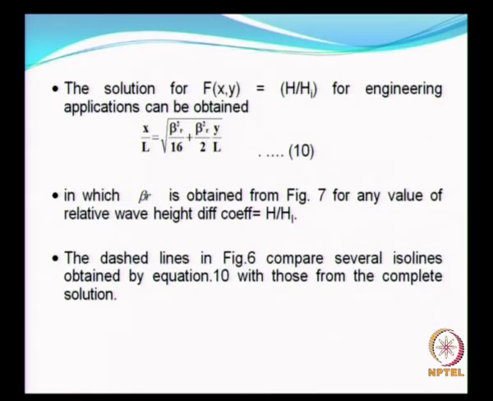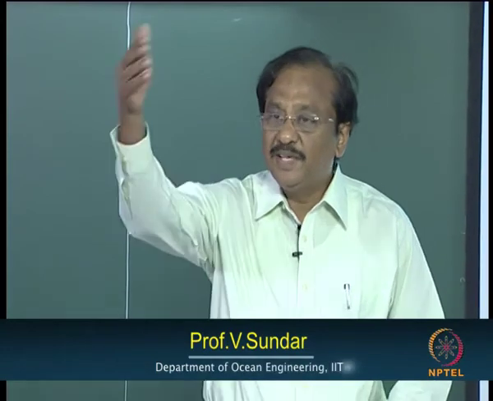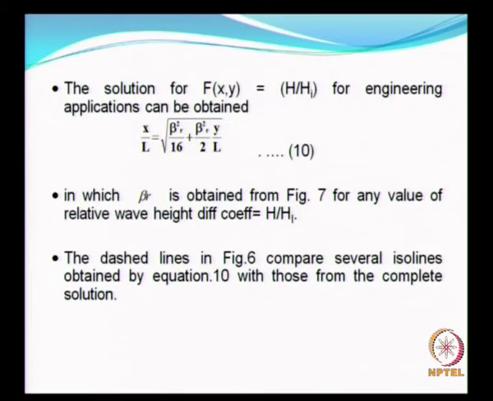The solution to f of x, y, which is nothing but directly the ratio between the wave height inside the sheltered area to the incident wave height, can be obtained as given here. x and y are the spatial coordinates, L is the wavelength, and beta r can be obtained in the next slide, figure 7.